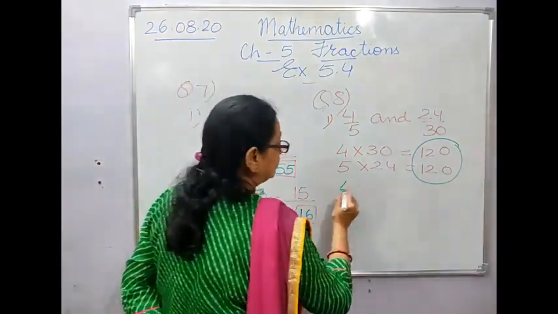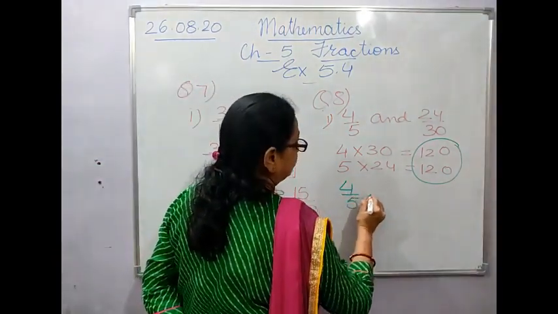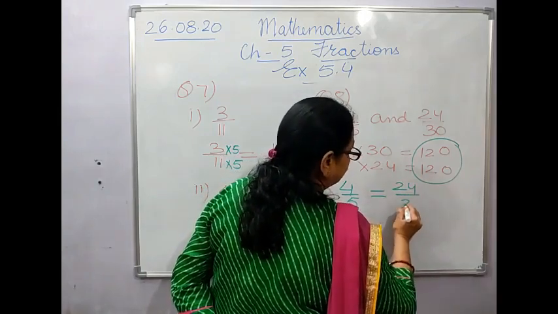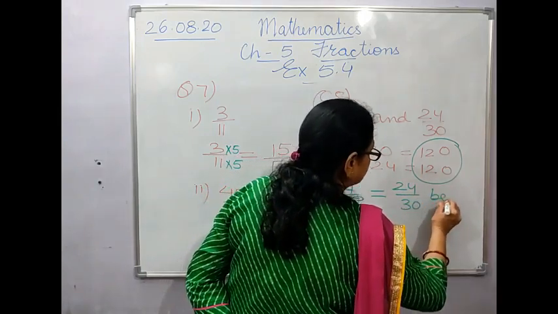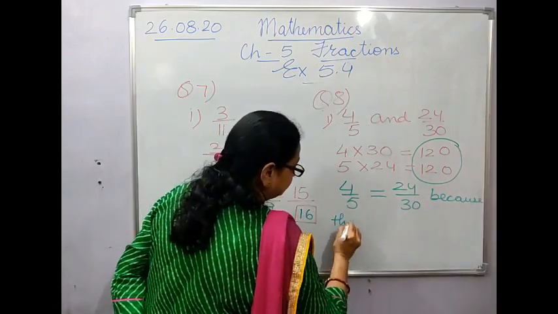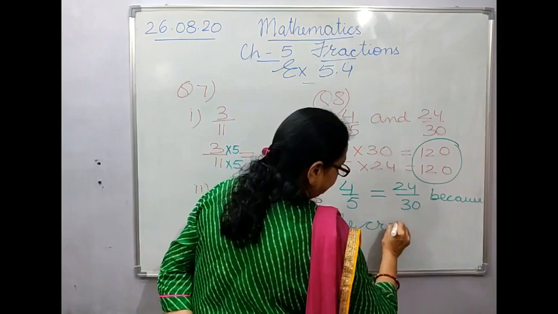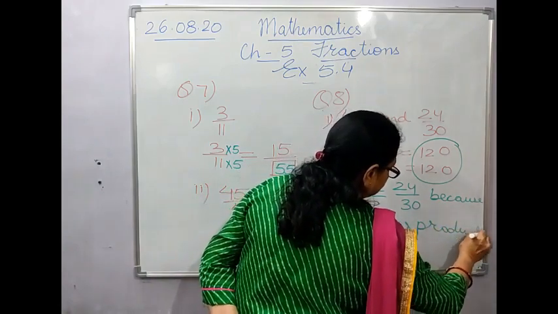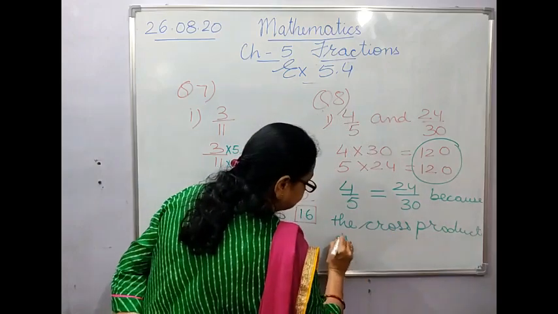Cross products are same. That means they are equivalent. So how will you write? 4 upon 5 is equivalent to 24 upon 30 because the cross product is same.